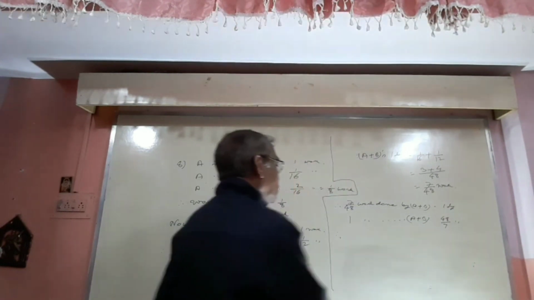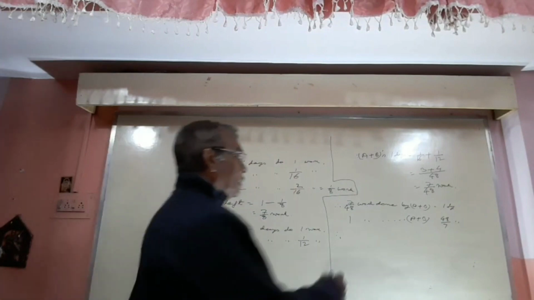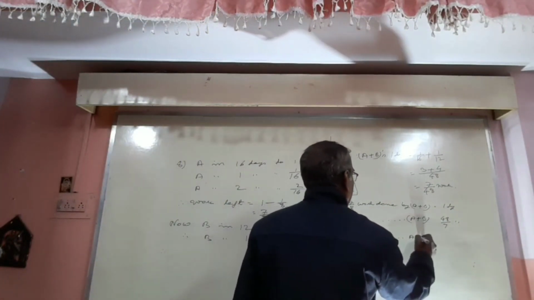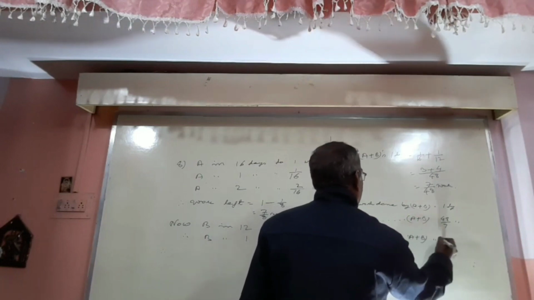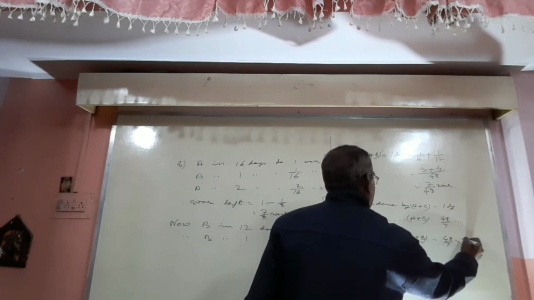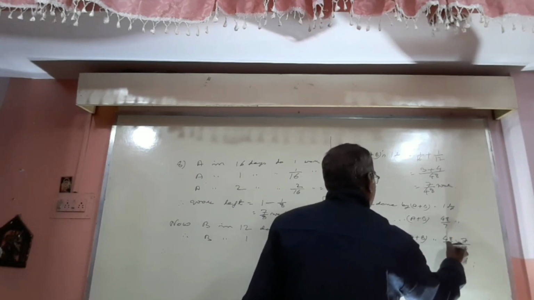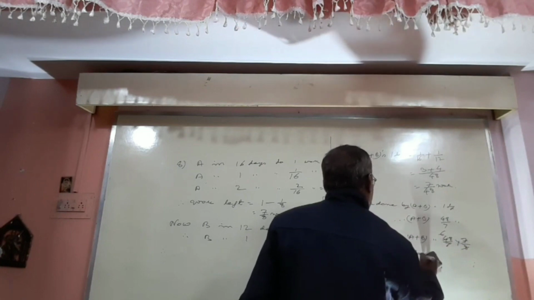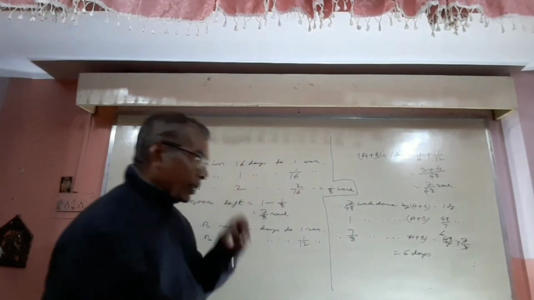So how much work is left? 7 by 8. So 7 by 8 work done by A plus B in how many days? 48 by 7 into 7 by 8. 7, 7 cancels, 6, in 6 days. The rest of the work is done by these two people in 6 days.